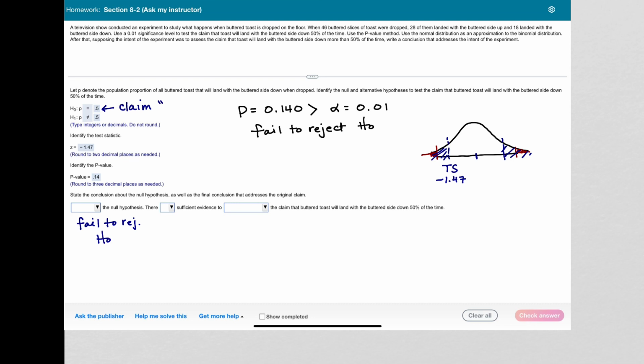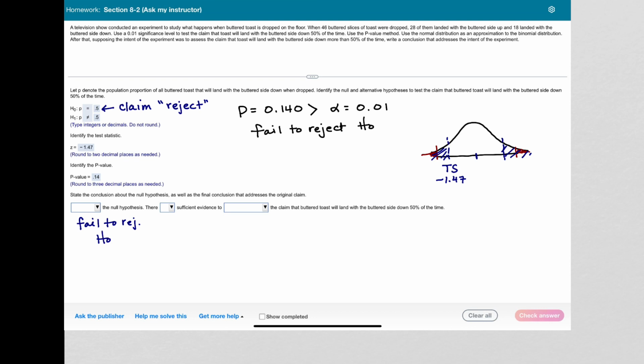So I want to make a statement about whether there was sufficient evidence to reject the claim. If the claim had been the alternative hypothesis, then my statement is going to be about support.